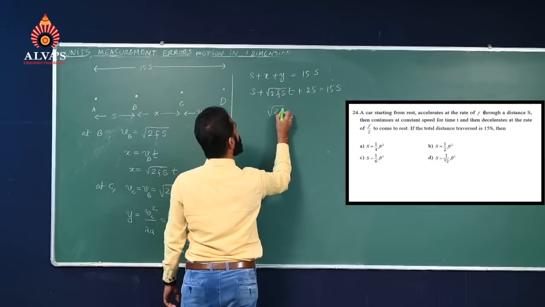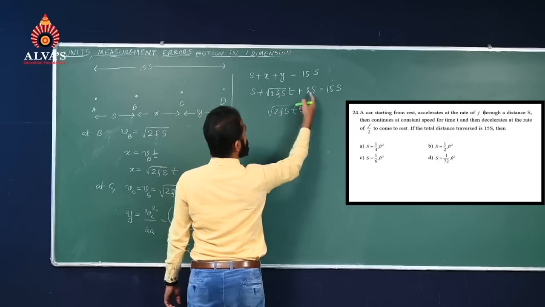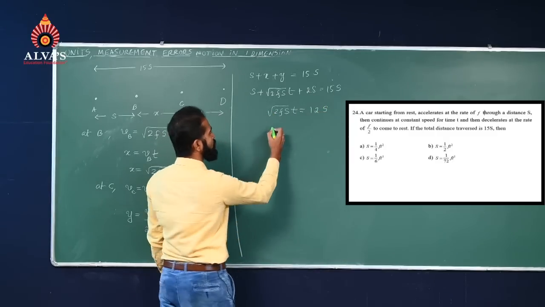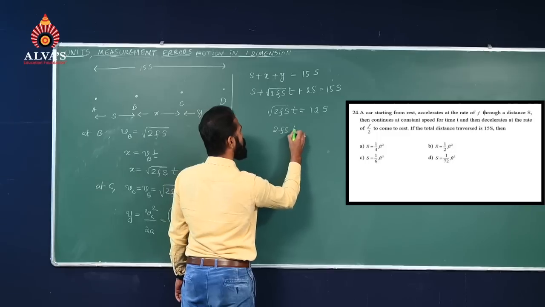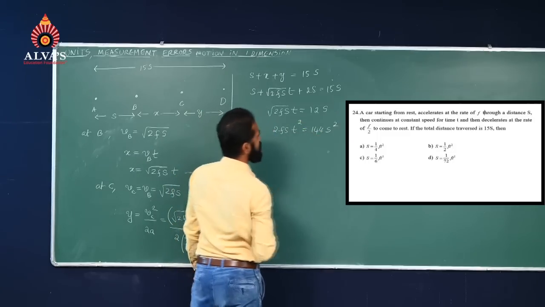So root of 2fs into t, this is 3s, take it to the other side, that becomes 12s. Now square on both sides, 2fs into t square will become 144 s square.